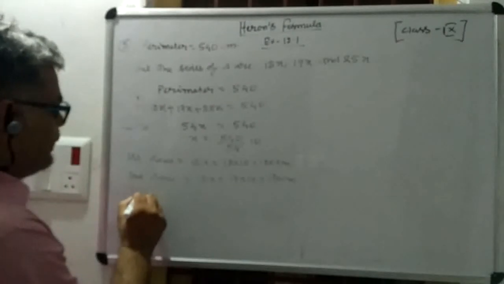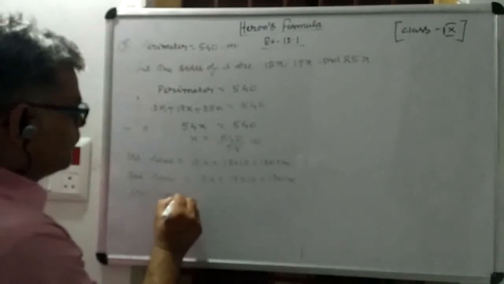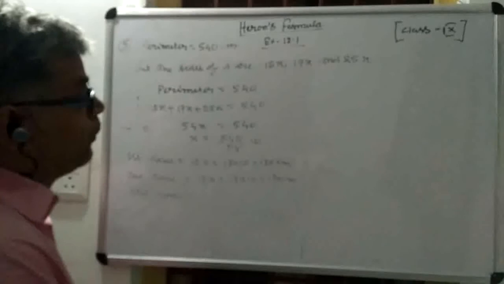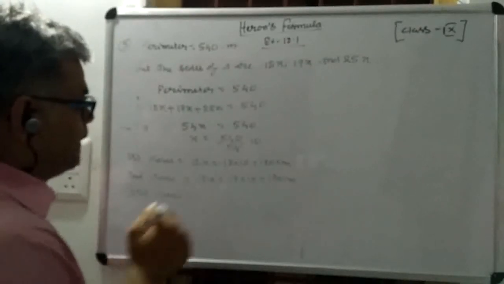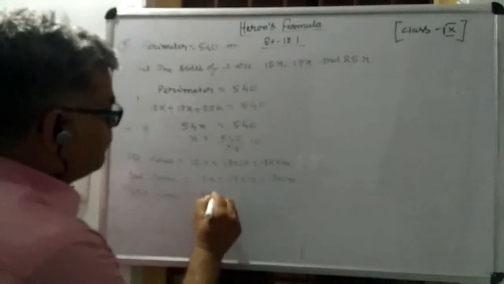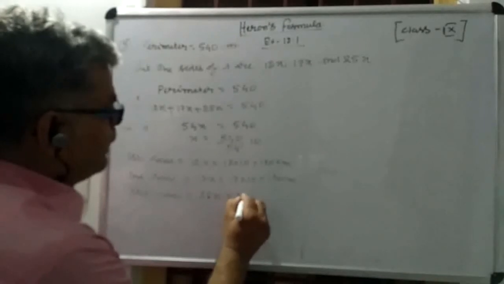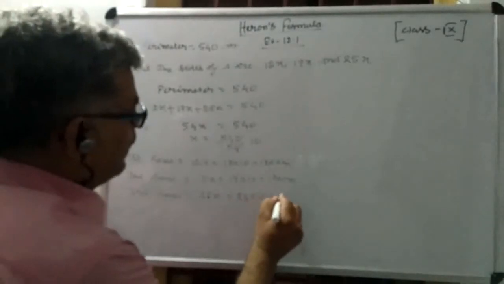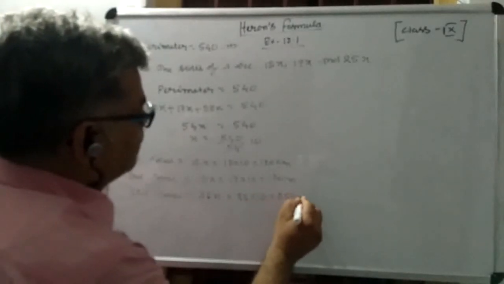And the third side equals 25x, that is 25 into 10 equals 250 centimeter.